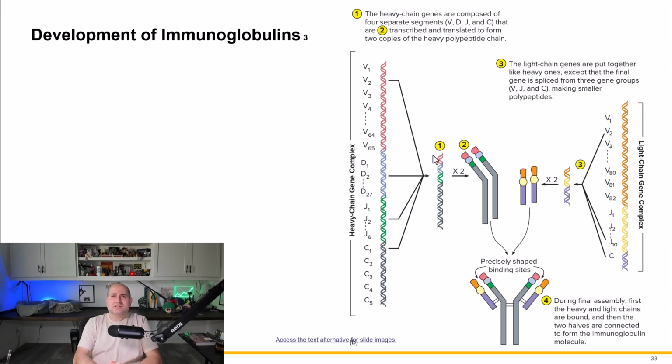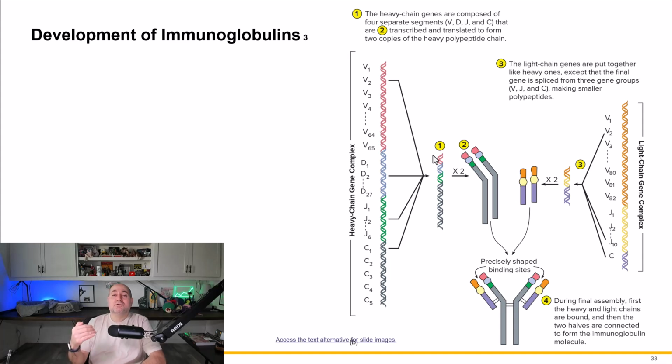In case you were wondering, how does every antibody have a unique key? You know, how is every single antibody different? What's responsible for that? Well, by selecting a random variable gene, a random diversity gene, a random joining gene, and a constant gene, you can add diversity to the shape of the antibody.